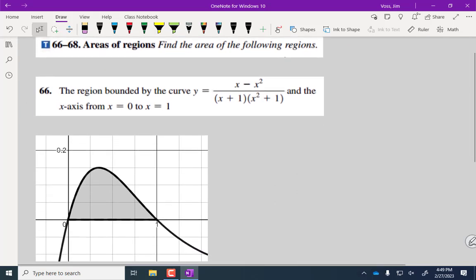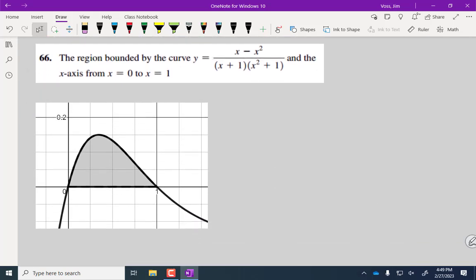All right, so let us try an application, a cooked up application. It's really just PFD. So we've got this cool little curve from 0 to 1, and we want to find the area. Are we going to use a vertical or a horizontal element?